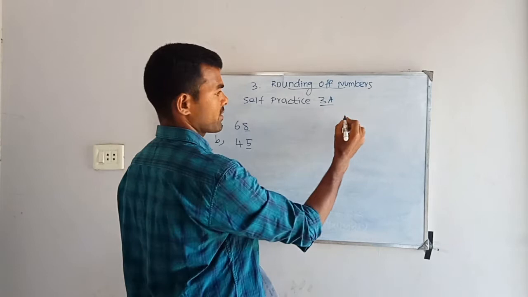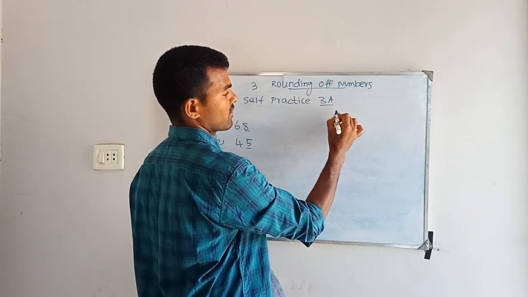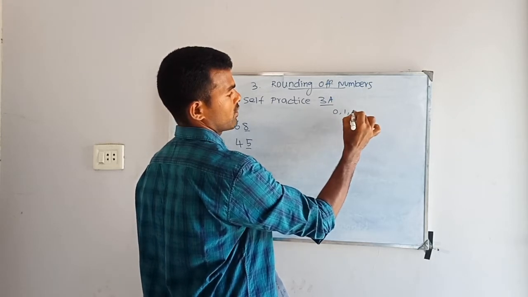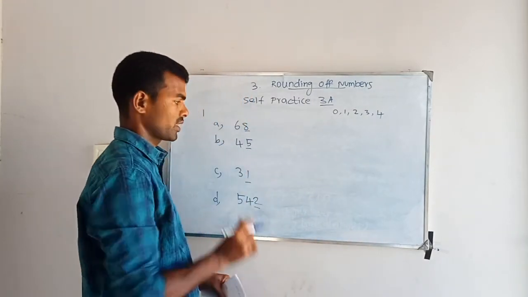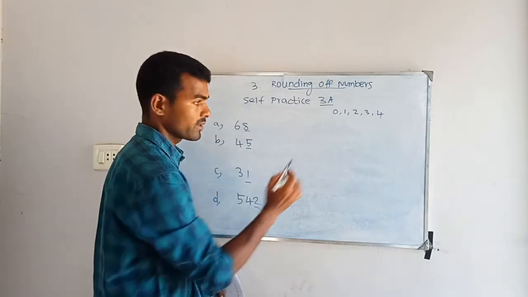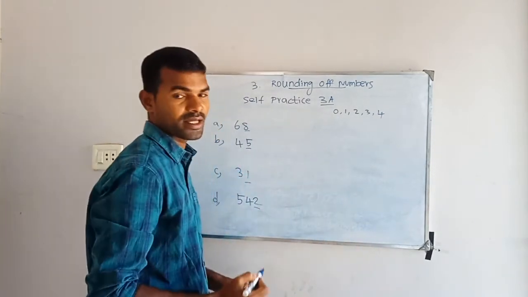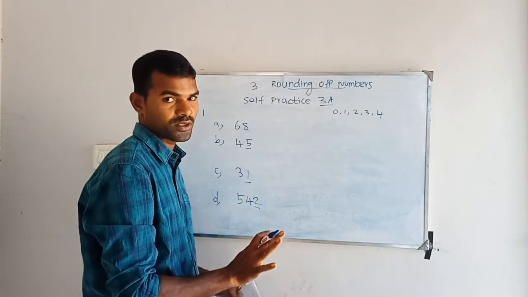If the digit in the ones place is 0, 1, 2, 3, 4, you have to put 0 in the ones place, just ones place 0.